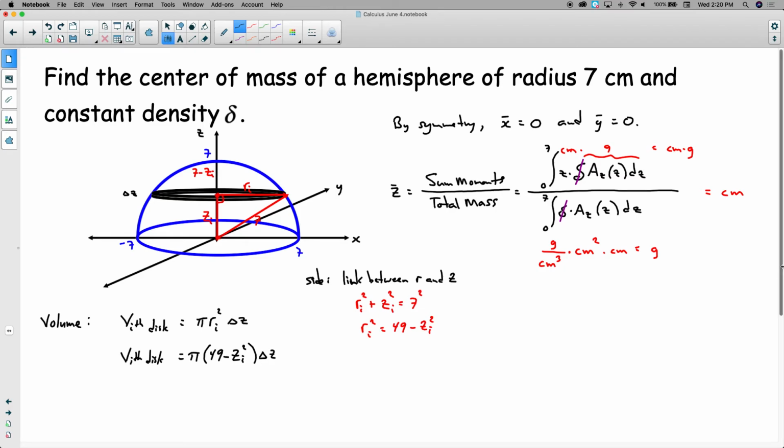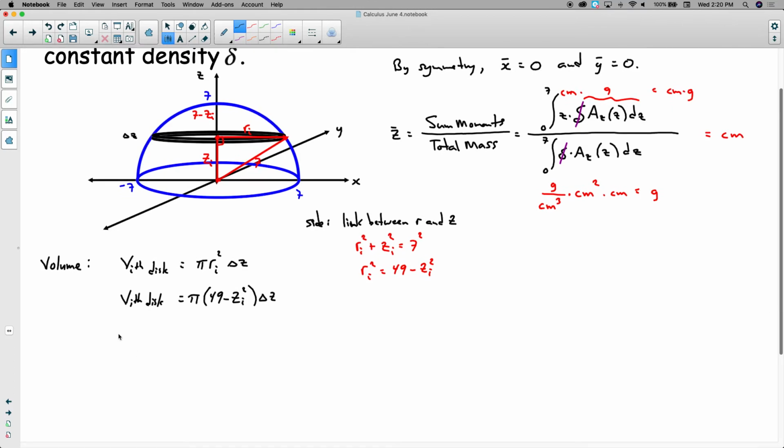Okay, so then the volume of the hemisphere is, and we'll skip the usual trilogy, the integral of pi (49 minus z squared) dz from 0 to 7.